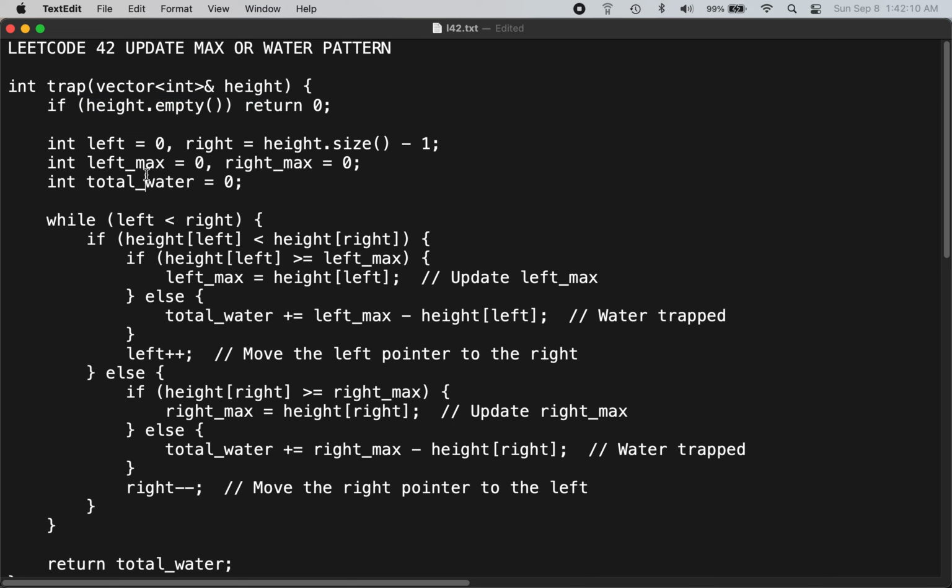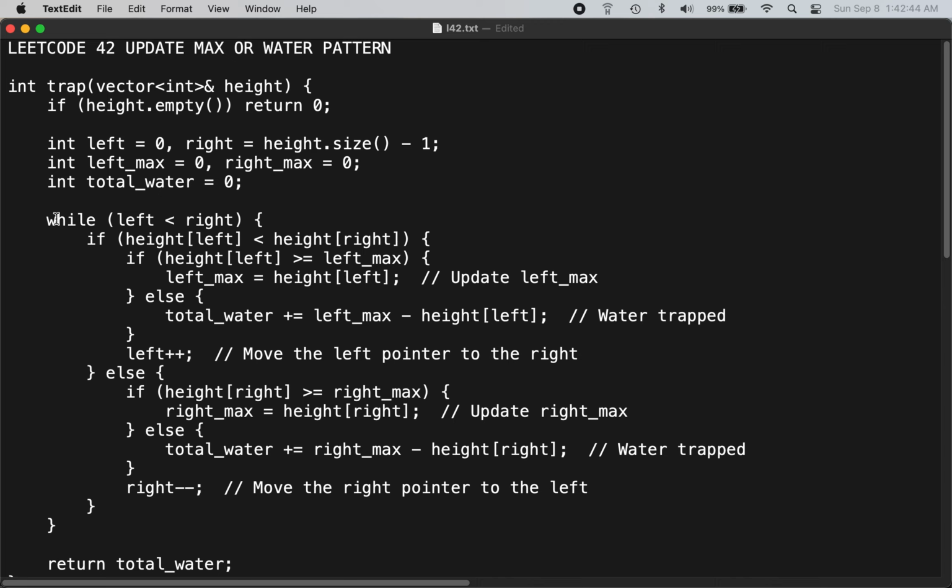Because it's a two-pointer approach, you set left to the start and right to the end of the array, and use left max and right max to track the highest bars encountered from both sides. Total water initializes the variable to accumulate the amount of water trapped.